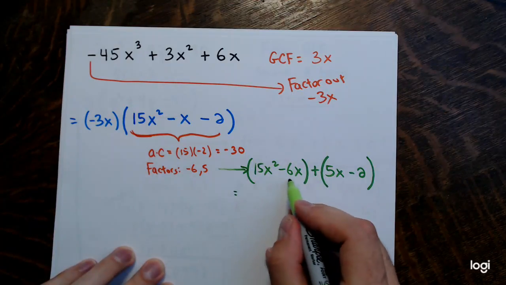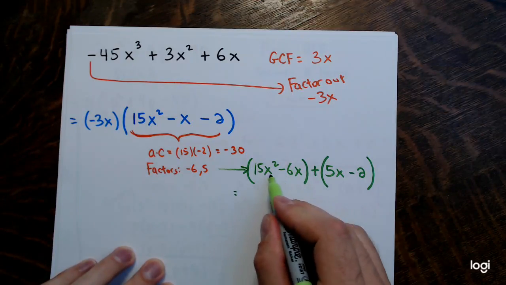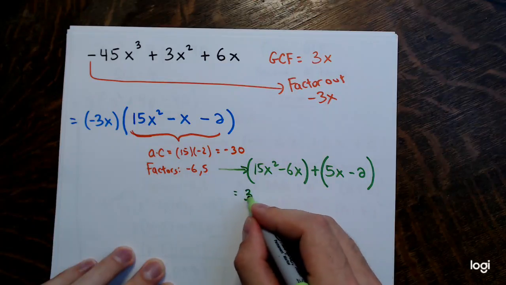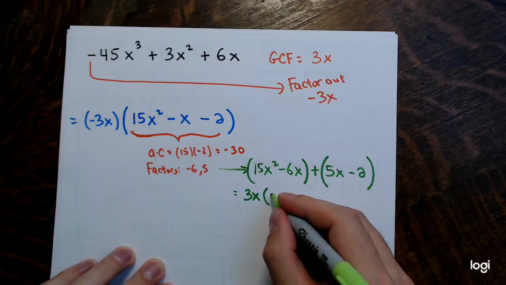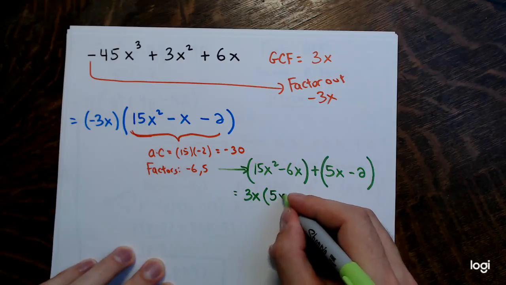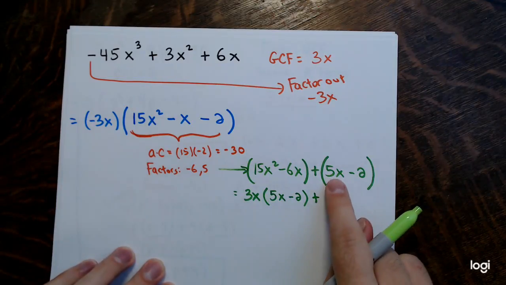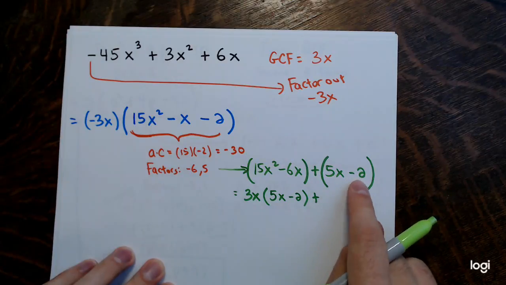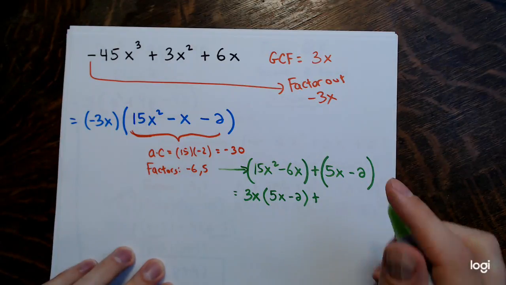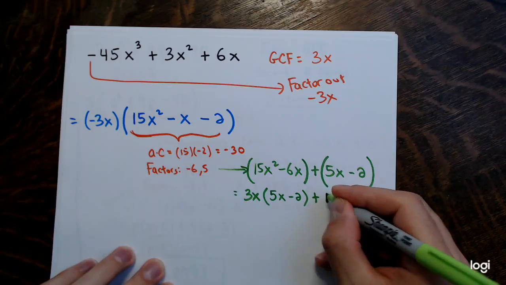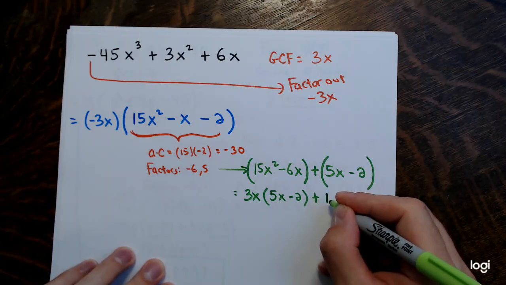And then I factor the first group. These have a common factor of 3x, right? So 3x comes out, and then what's left over would be 5x minus 2. And then the second group, 5x minus 2, the greatest common factor of this group is just the number 1. So if you'd like, you can always pull out a 1. That doesn't change anything.